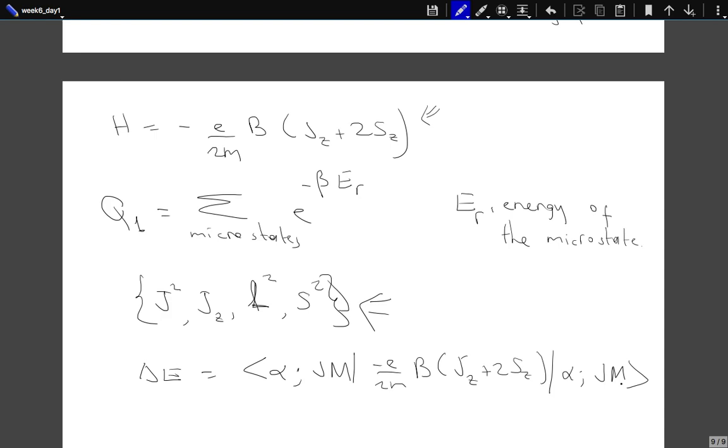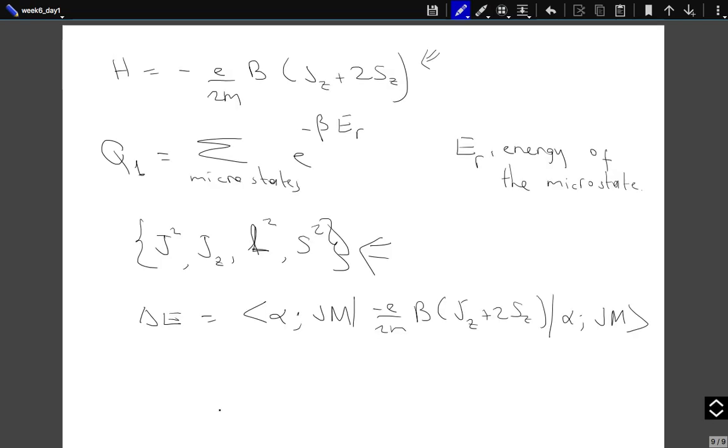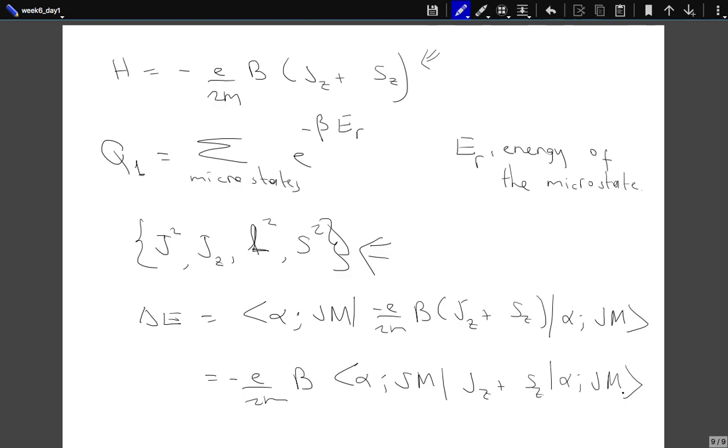In first order perturbation theory, this is the shift in the energy, which is equal to minus e over 2m B, alpha J m, Jz plus Sz, sorry, not 2. It's L plus 2S, but J plus S. This is what we need to calculate.